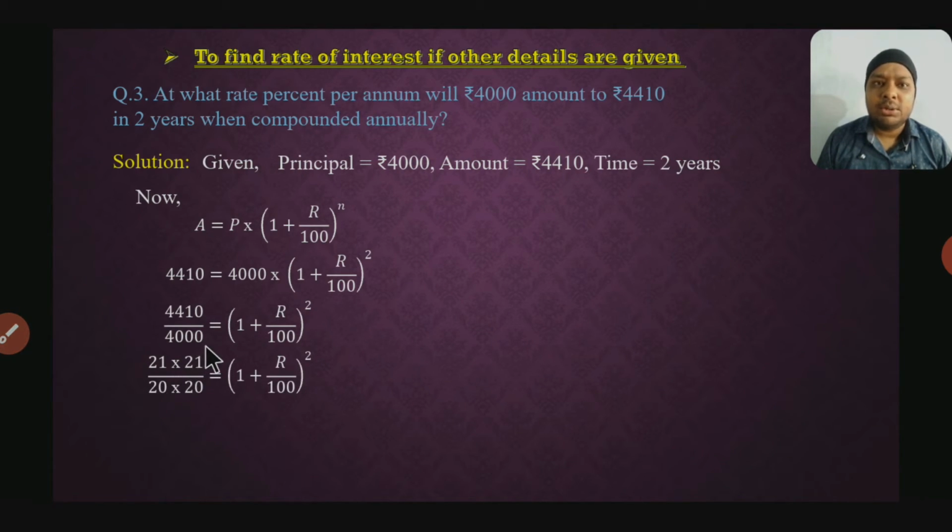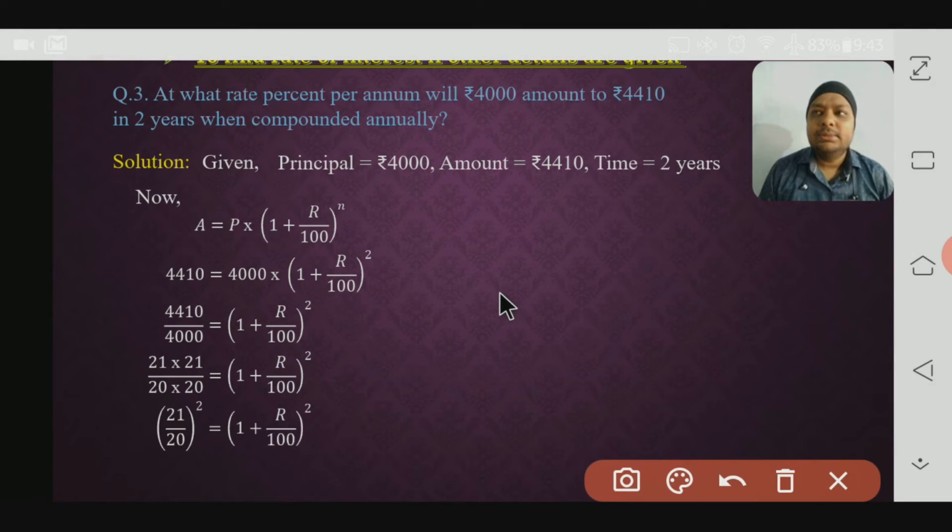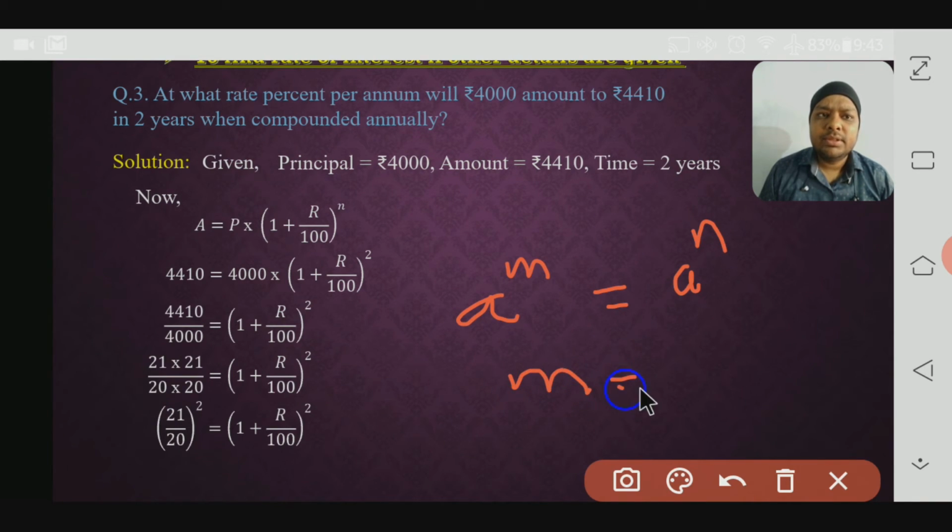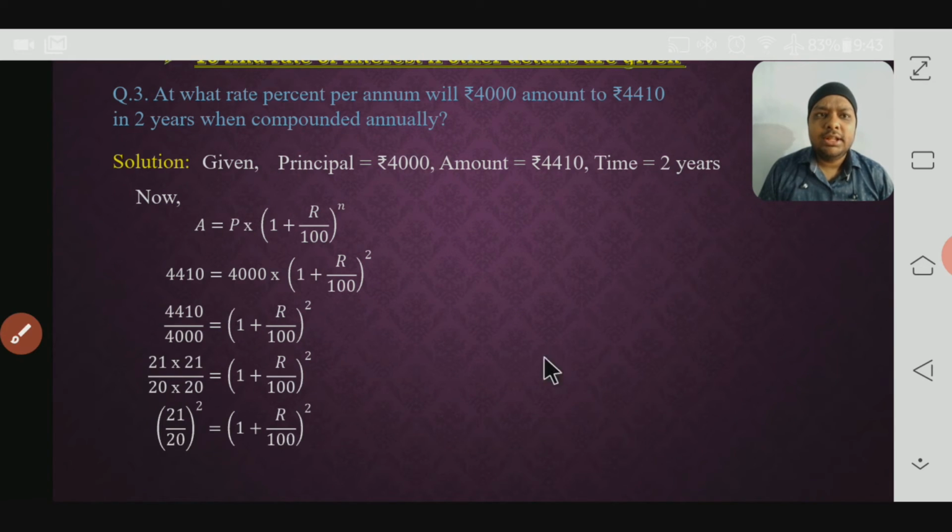Now both have power 2, so we can write 21 by 20 to the power 2 and 1 plus r by 100 to the power 2. Now we know, students, in the exponents chapter we have understood that if a to the power m is equal to a to the power n, it means if the base is the same, then the power will also be the same.